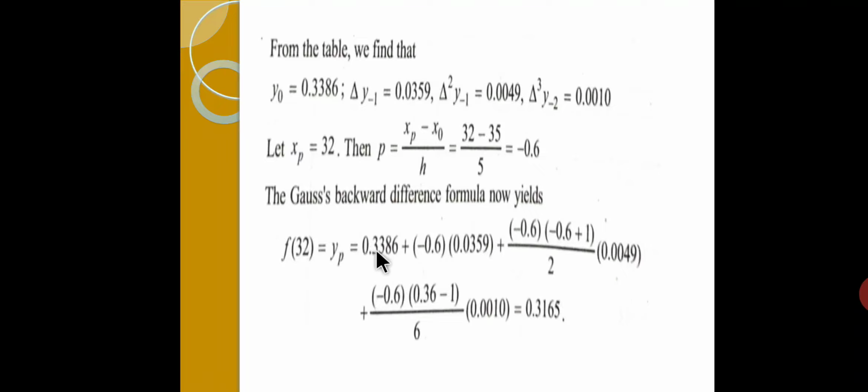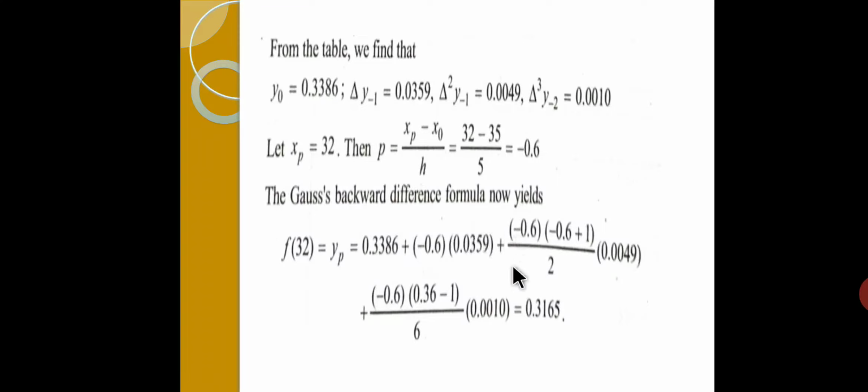F of 32 is equal to 0.3386 plus p, that is minus 0.6, into delta y naught value, plus p into p plus 1 by 2 factorial times 0.0049, this is the delta square y minus 1 value, plus p into p minus 1 by 3 factorial, meaning 6, into the delta cube y minus 2 value, 0.0010.